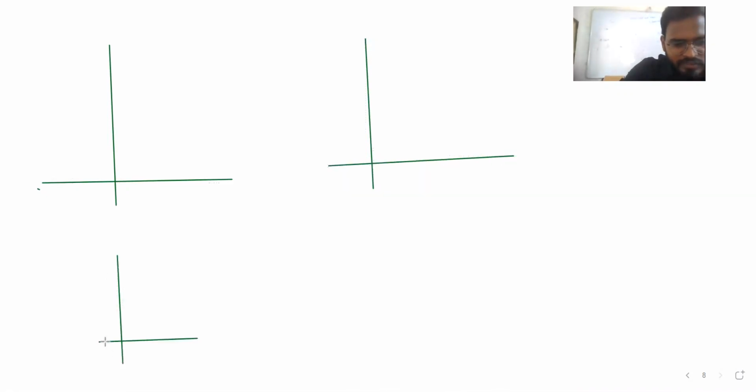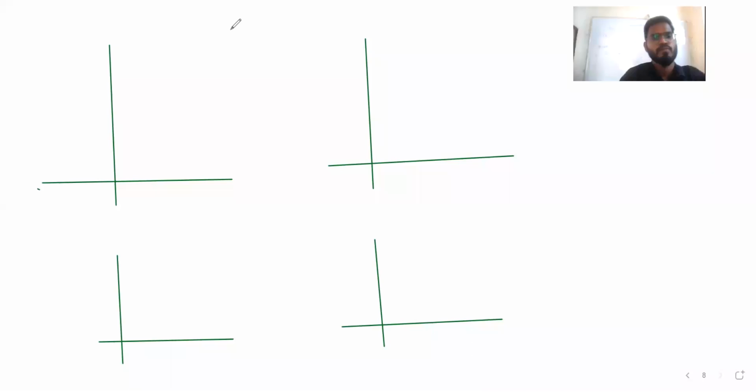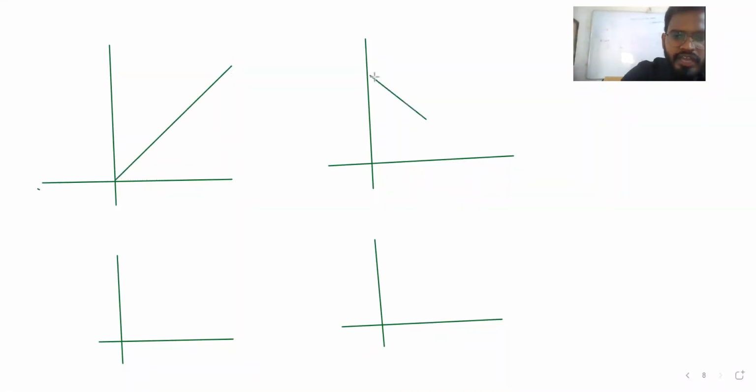Four graphs are there; these graphs you should know. Suppose one line is going like this, and one line is coming like this. This is x, this is y.